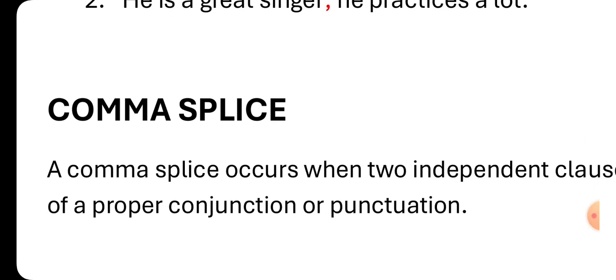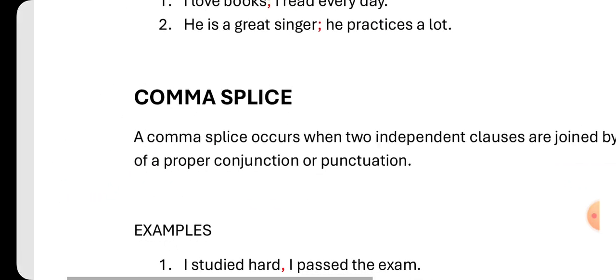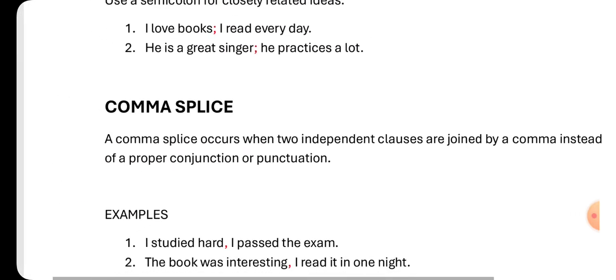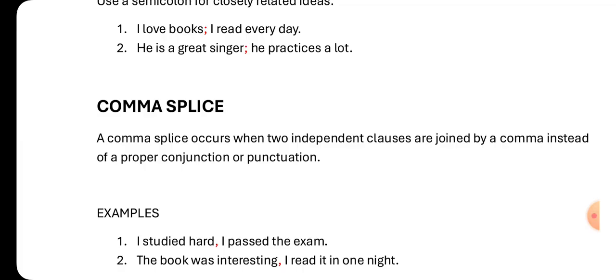A comma splice occurs when two independent clauses are joined by a comma instead of a proper conjunction or punctuation. After finishing this, you will know the difference between a comma splice and a run-on sentence. In this case, there are two independent clauses, but they are being separated by a comma, just to make it look like they are together.